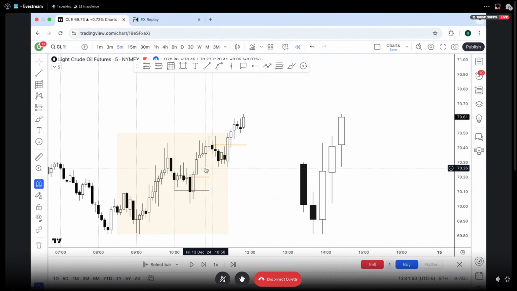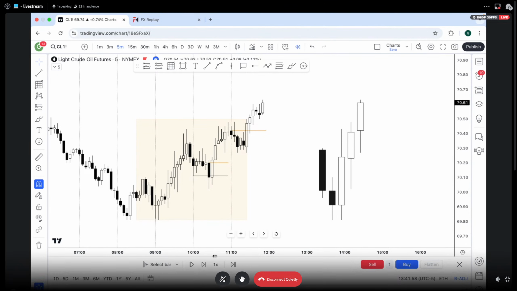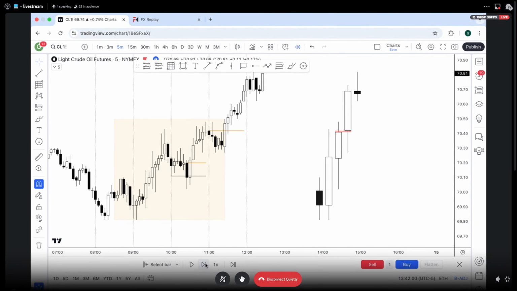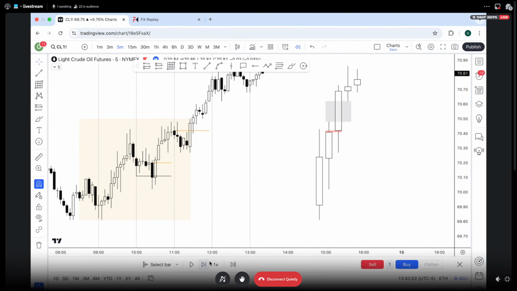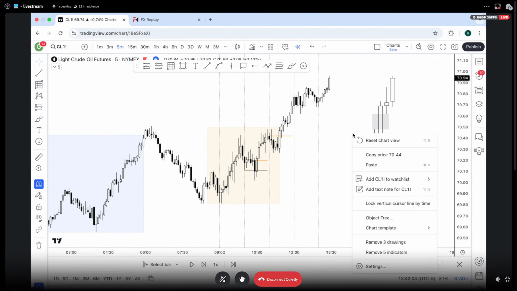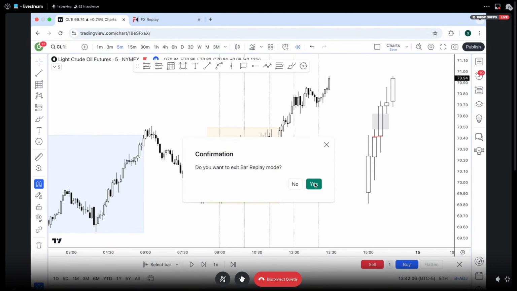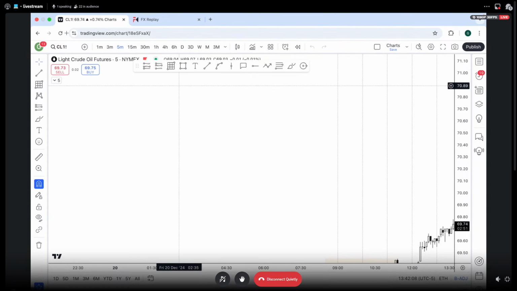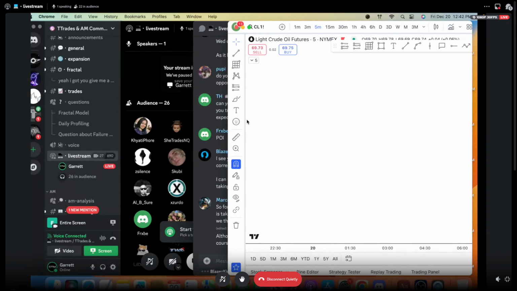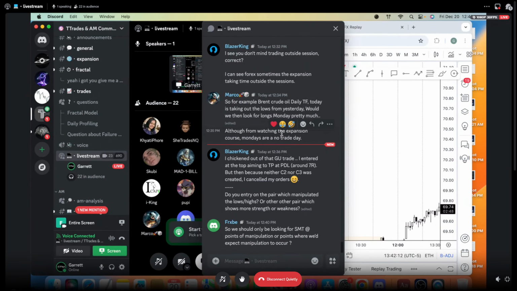So this is where we want to look for SMT and opposing candles around the opening price of these candles for redistribution, right? This is where we catch those expansions, right? That makes sense? But I'll probably go into this more in depth tomorrow. Probably pretty soon.